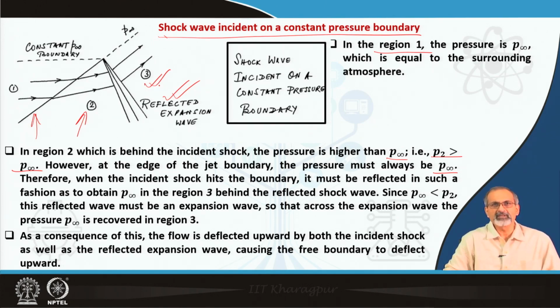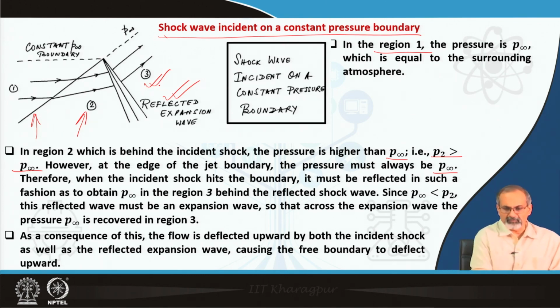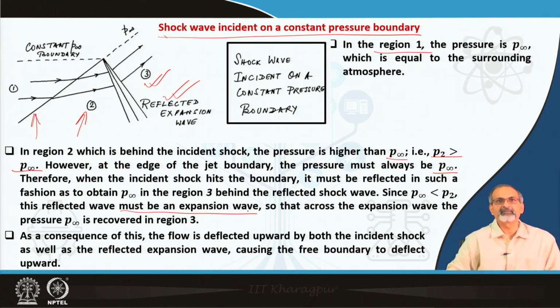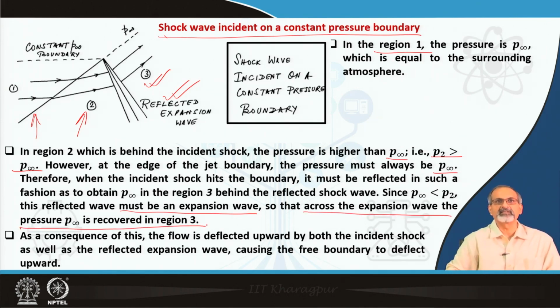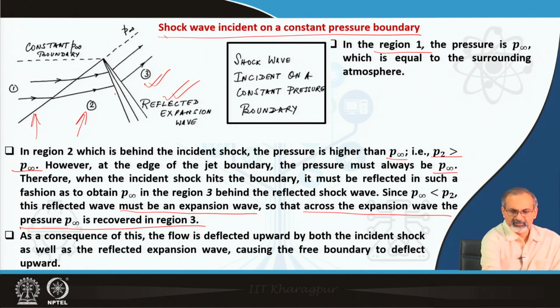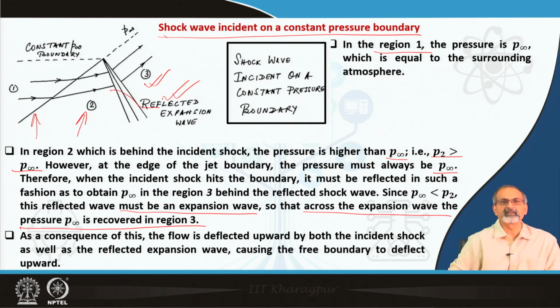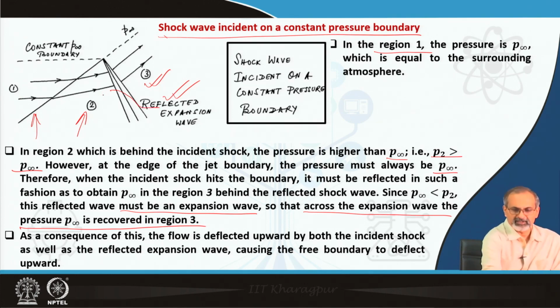Now, since P infinity is less than P2, this reflected wave must be an expansion wave, so that this adjustment is possible. And across the expansion wave, the pressure P infinity is recovered in region 3. That means, gradually the pressure from P2 over here falls down through an isentropic expansion and reaches the P infinity pressure. So, if you imagine that this is pressure P2, you regain P infinity pressure here.